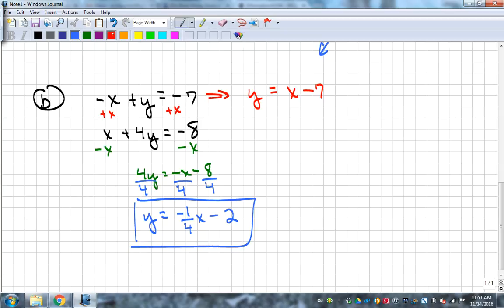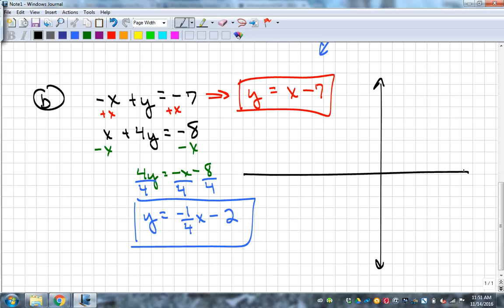These are the two we're going to graph. So let's graph those on the coordinate plane and see if they cross or where they would cross. Do we know if these cross or not before we even start? They have the same slope? What's the slope of the red one? Positive 1.